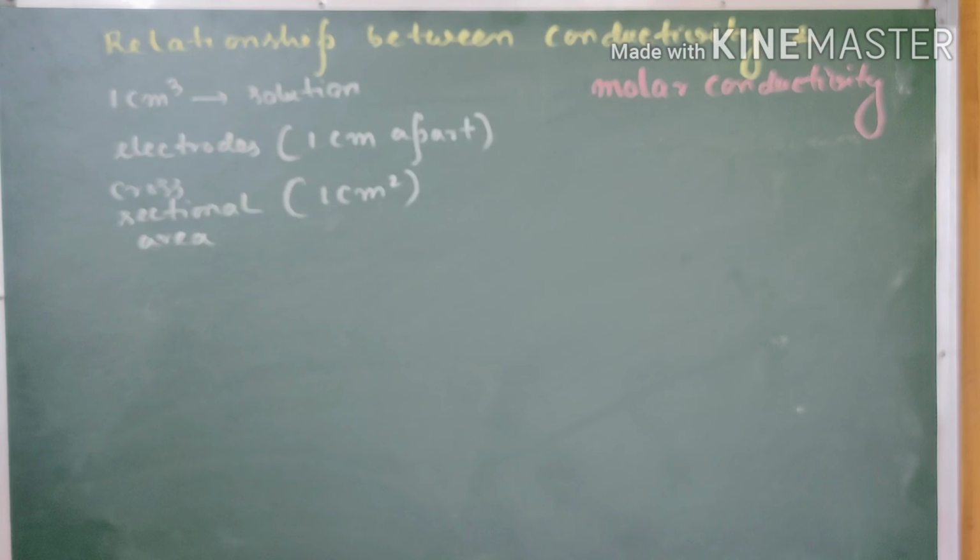Now, what we can see is the measured conductance of the solution will be its conductivity. Carefully see, once again, if the solution is placed between the electrodes having 1 square centimeter area of cross section lying 1 centimeter apart, we can write the measured conductance of the solution will be its conductivity, because by definition it gives the conductance of 1 centimeter cube solution.